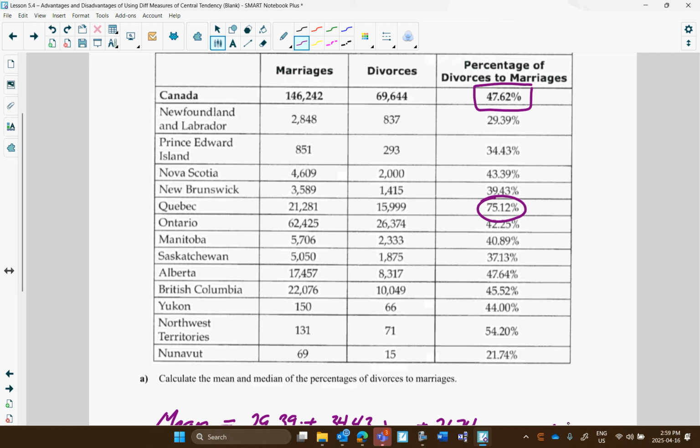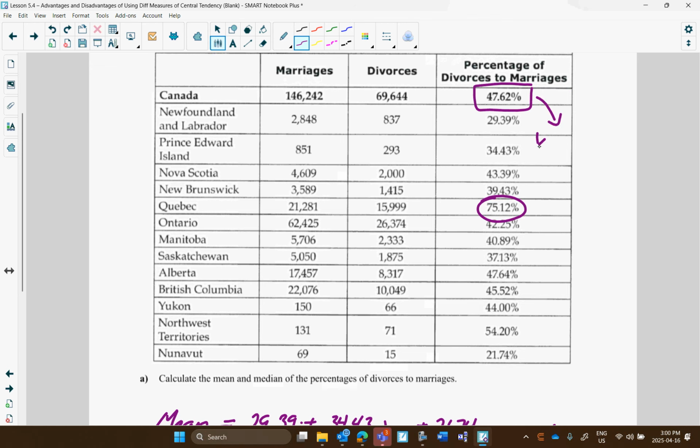Okay, 47.62%. Which is even closer to half. Okay, but this is probably the best measure. So I'm just going to add this here.